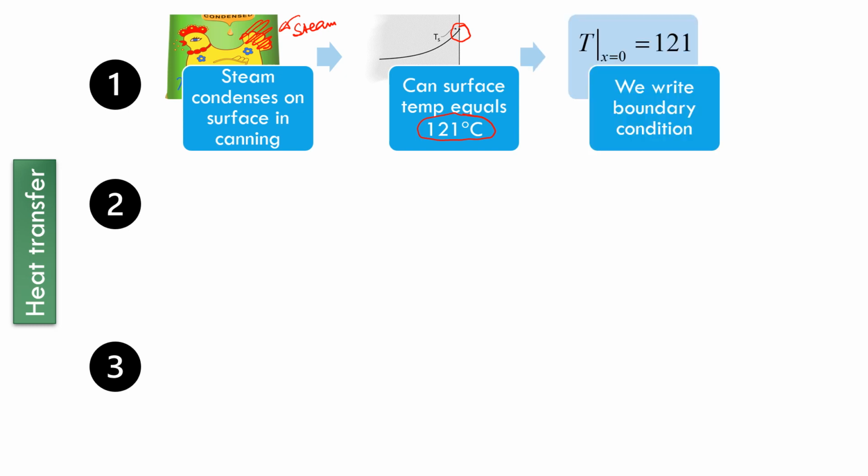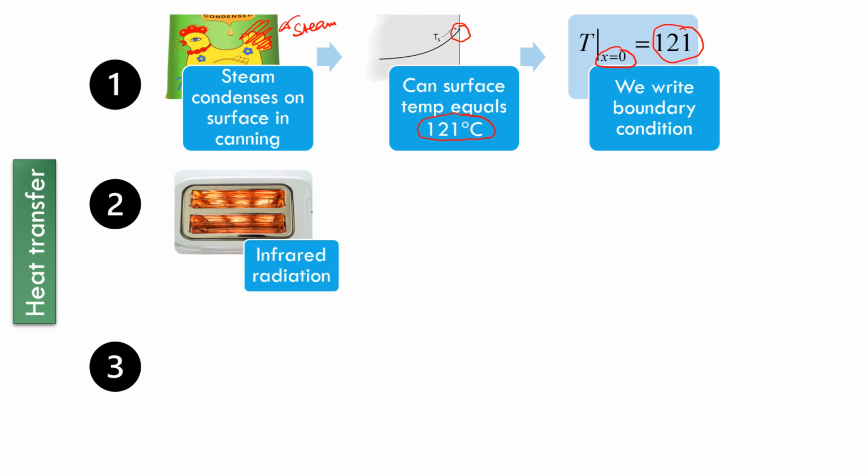So we write the boundary condition T at x equal to 0. Now I am not getting into what shape of the can or which surface of the can. X equal to 0 simply signifies the boundary. So at the boundary I can maintain this physically. I need you to really see this. This is not something that we just assume to solve a problem, but it is a physical reality.